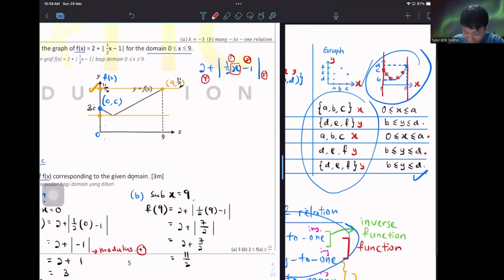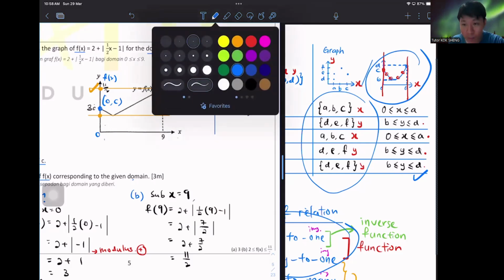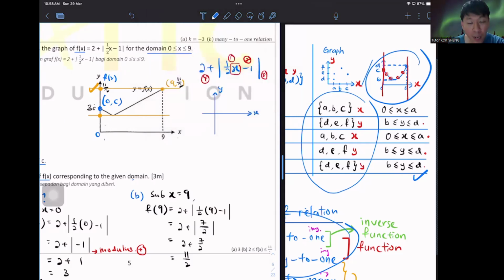Okay, so first thing here, this graph exactly cuts the whole thing into half.